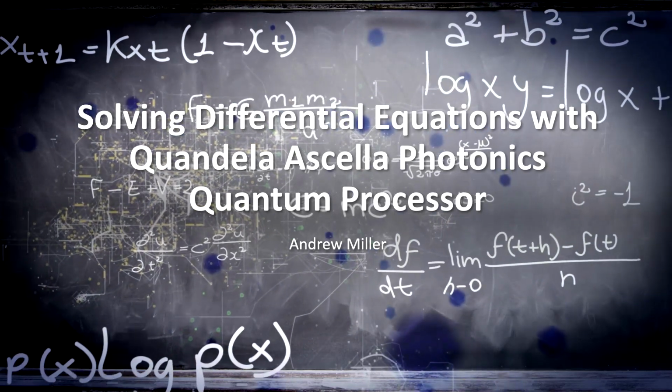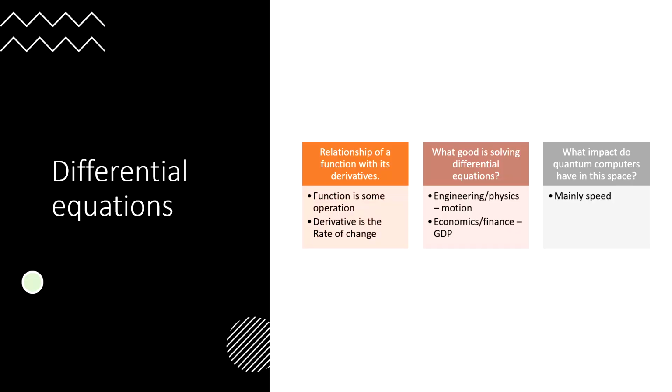So let me get into this, and I'll start by talking about differential equations. Differential equations are basically equations that operate on derivatives of a function. A function would be some sort of an operation that you perform, and a derivative represents the rate of change of that function.